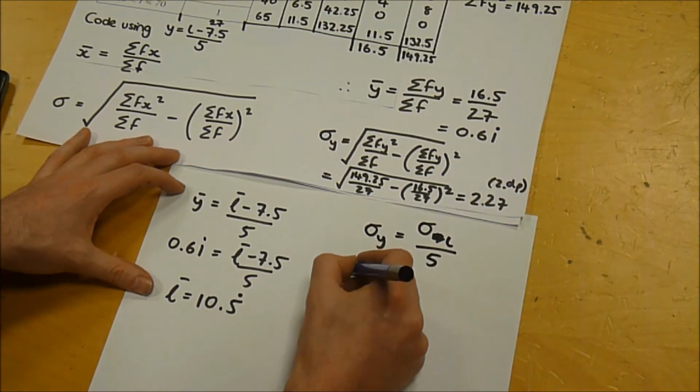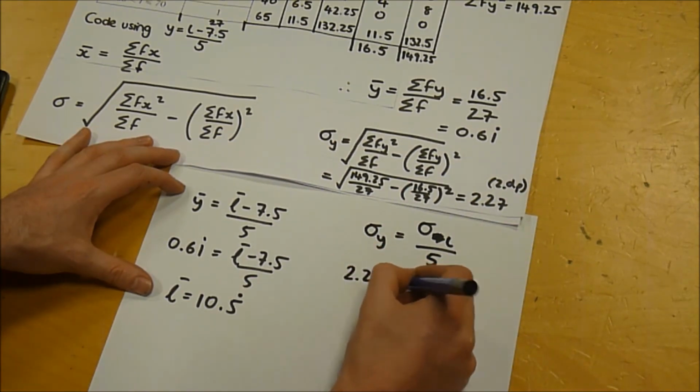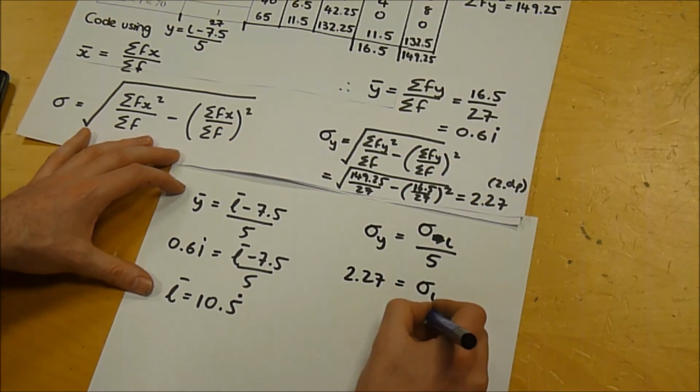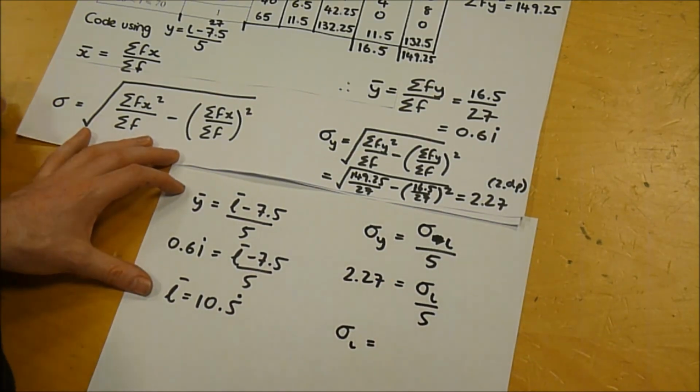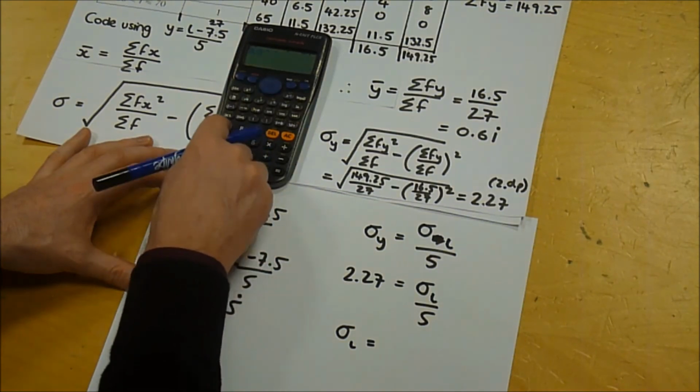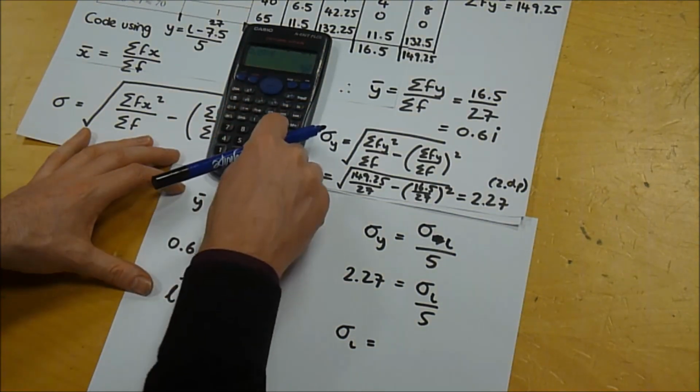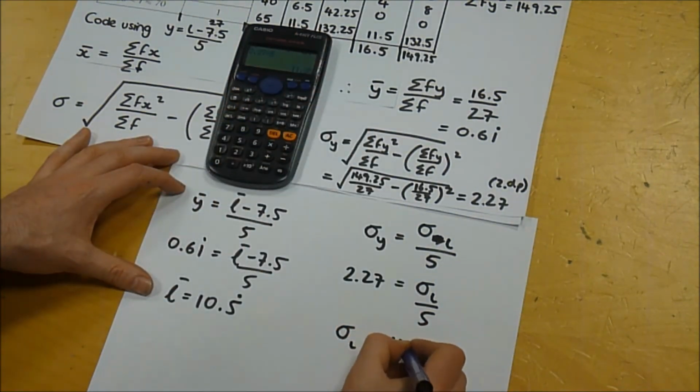Well, we've just worked out this is 2.27. So we times up by 5, and so the standard deviation of L is 2.27 times 5, which is 11.35 to 2 decimal places.